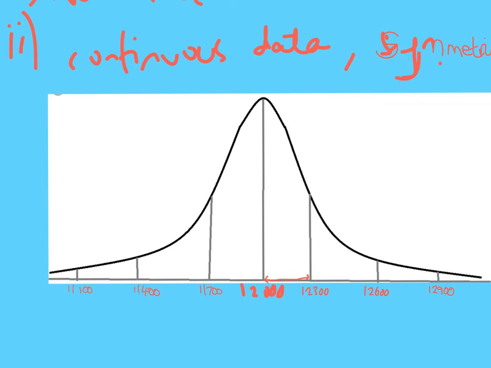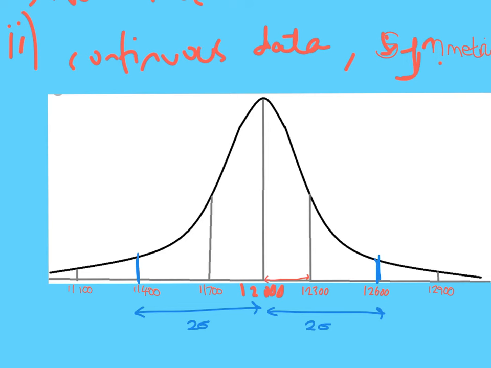So that is my curve. It's got all the information I need on it with my mean and my standard deviations. Now it's asking me what's the probability that it is between 11,400 and 12,600 hours. Well, that is 2 standard deviations each way, and I know from my rule that I hopefully have written down that between 2 standard deviations it is 95%.